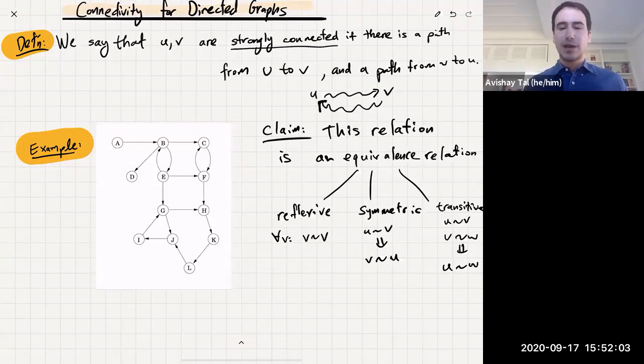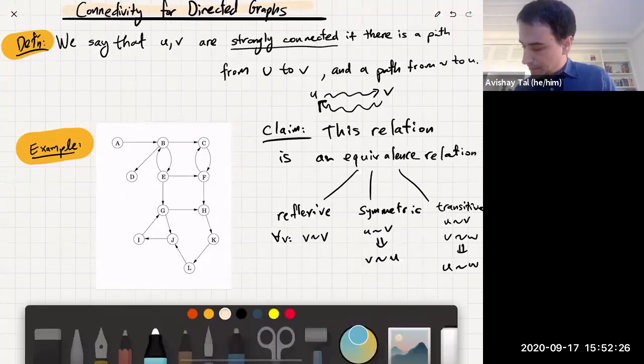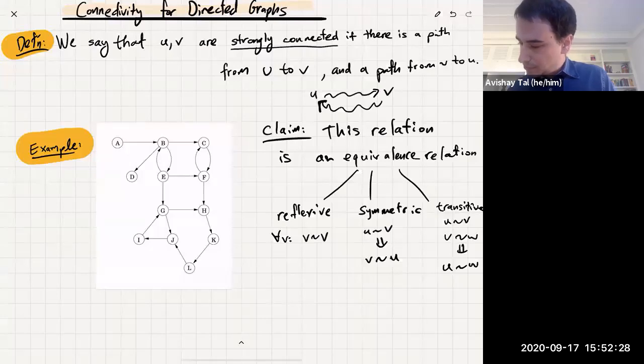What does it mean that we have an equivalence relation? It means that it partitions the vertices into equivalence classes. In each equivalence class, everyone can reach everyone. There's a path from everyone in the equivalence class to everyone else. This was probably a lot of words, but let's see an example just to make sure that we understand the concept.